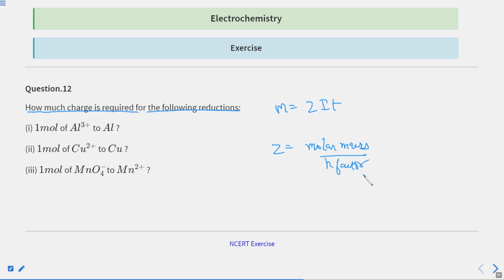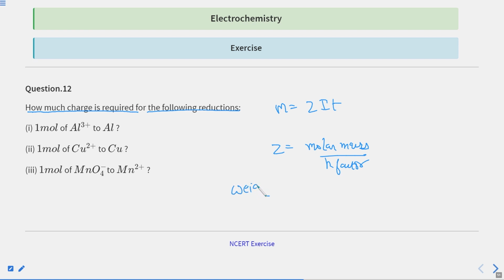Now let us solve each of these questions one by one. The first is 1 mole of Al3+. So we have 1 mole of Al3+, and we have to convert 1 mole of Al3+ to Al. If we formulate this formula further, molar mass is not given, so suppose molar mass goes on this side.